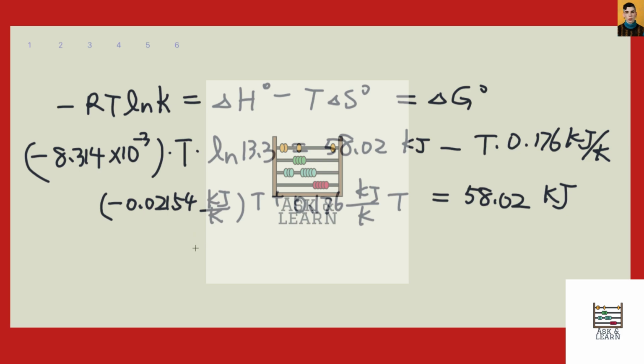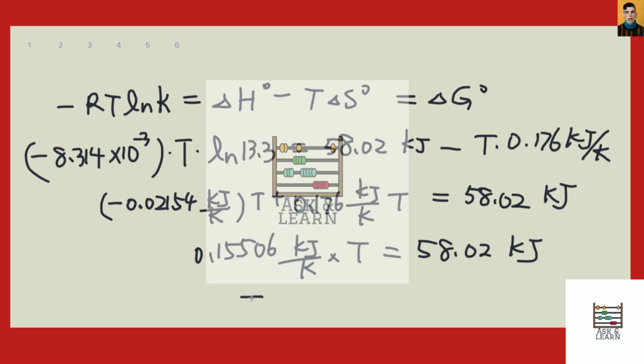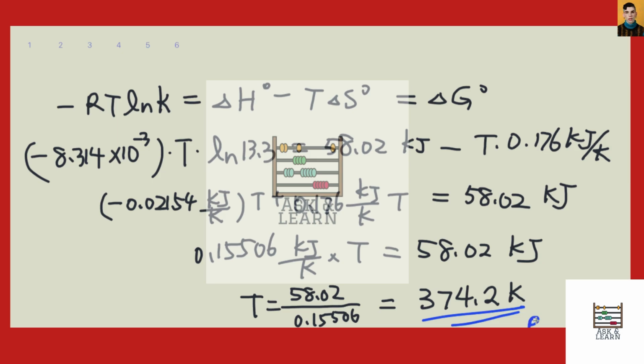Summing this up, we get 0.15506 kilojoules per Kelvin times T equal to 58.02 kilojoules. So the temperature will be 58.02 divided by 0.15506, which is equal to 374.2 Kelvin. So this is the temperature for question C.